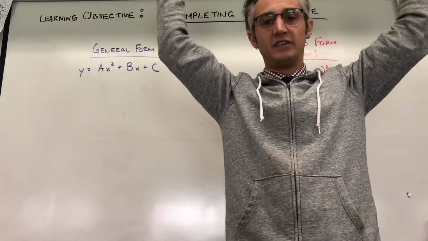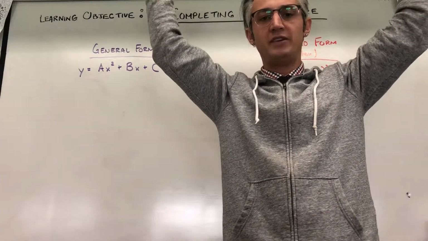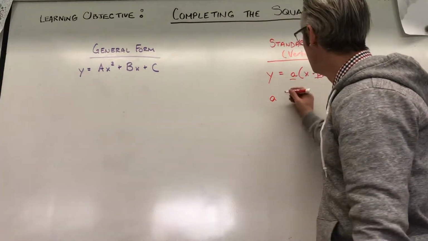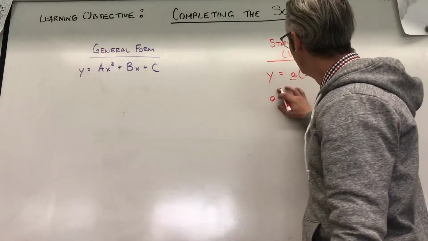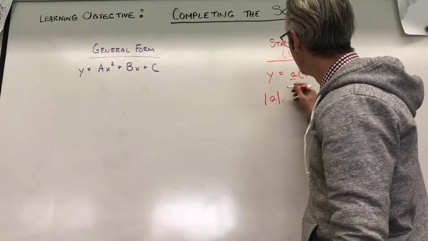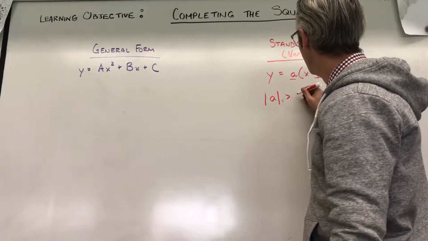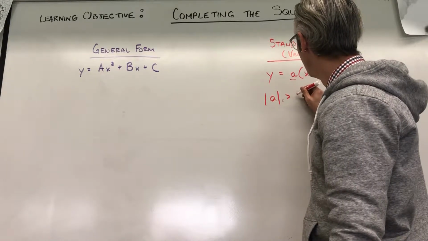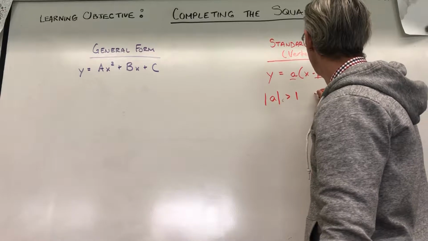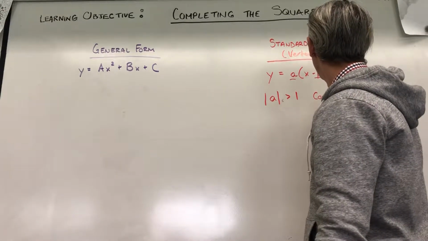If a is a positive number, we're going to be opening upwards. If it's a negative number, we're opening downwards. If the absolute value of a, regardless of the sign, is greater than 1, then we are going to be compressing.